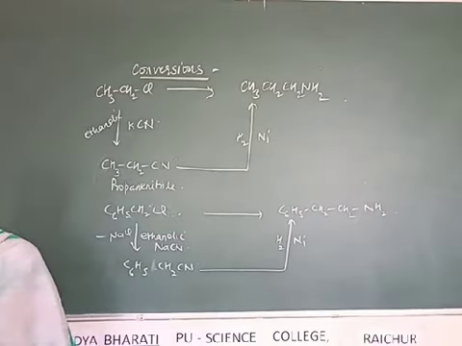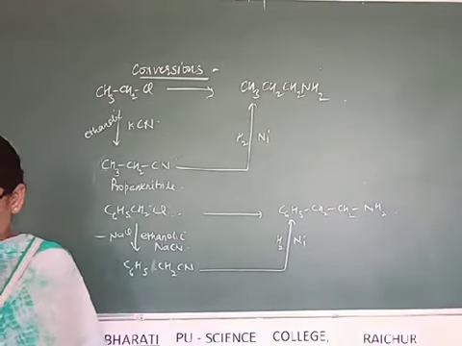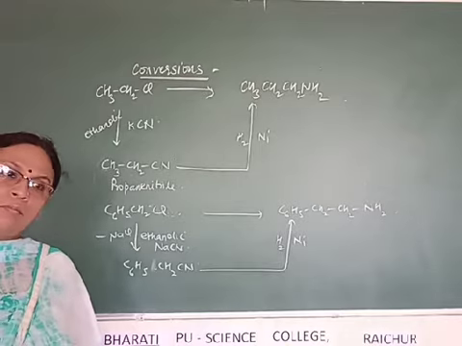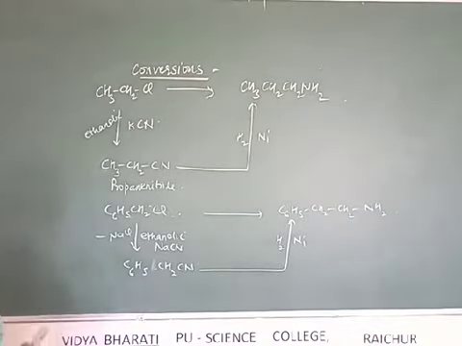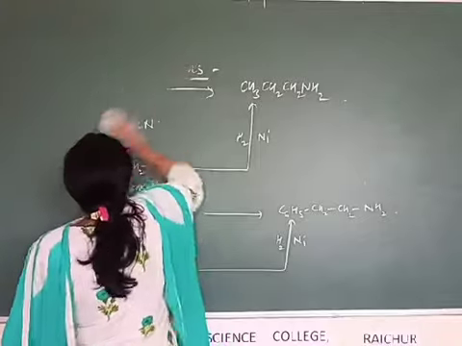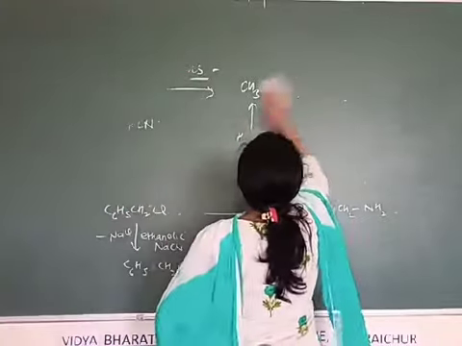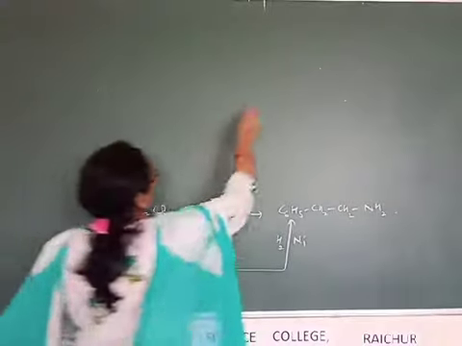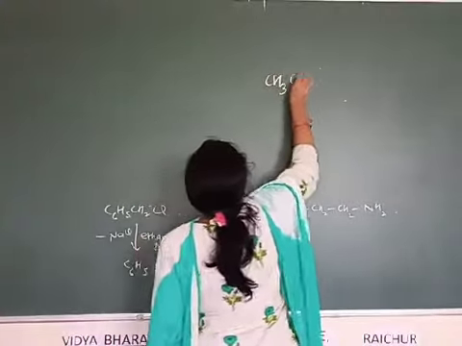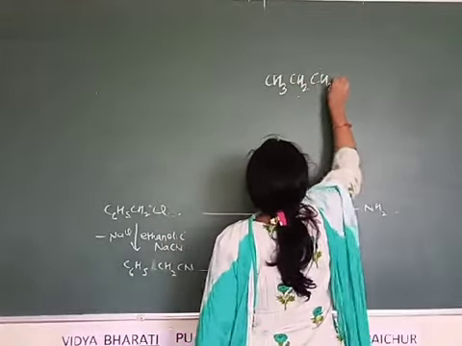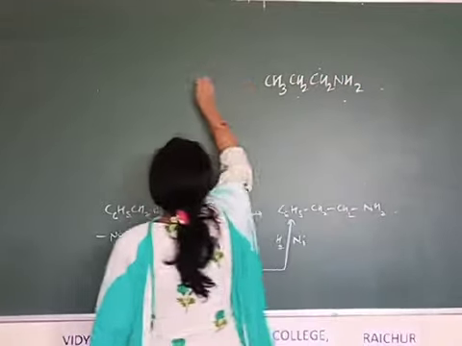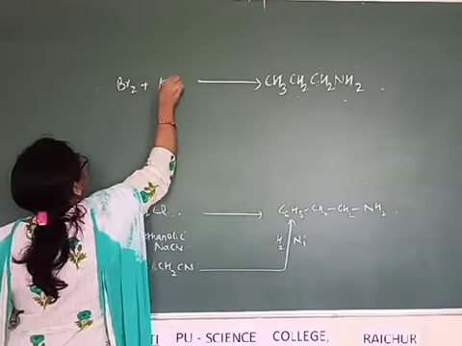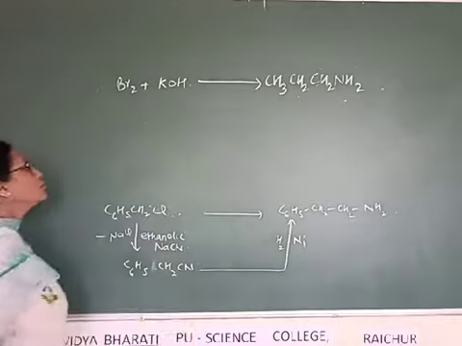Then next they are asking that you have to give the structure and IUPAC name of the amide which gives propanamine by Hofmann degradation reaction. You need propanamine by Hofmann degradation.